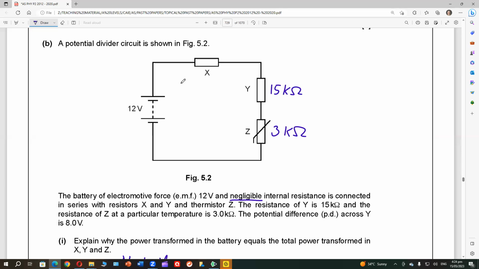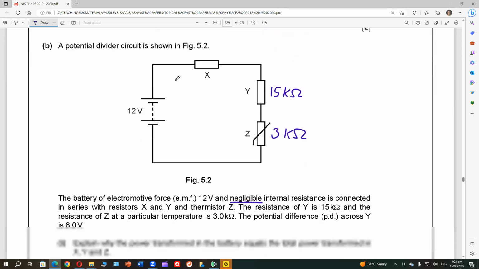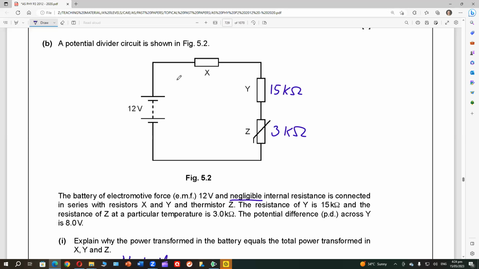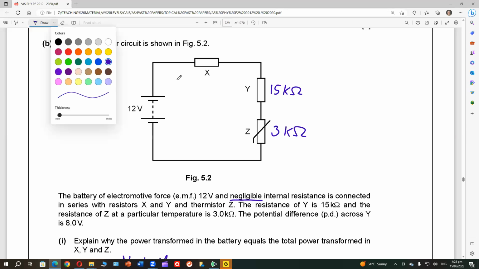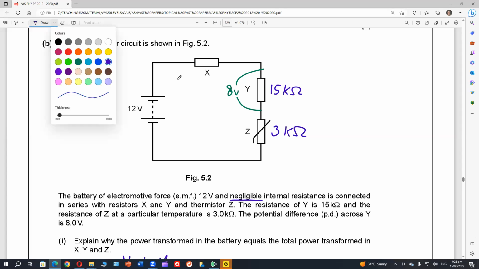The resistance of X is not given. The voltage across Y is 8 volt. But what is the resistance of X? Will we have to use the ratio of the potential difference? I was also thinking the same thing because he has given me the voltage across Y. Because it's a series circuit, I can use the idea of series.